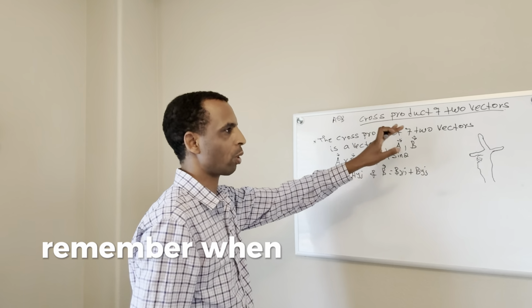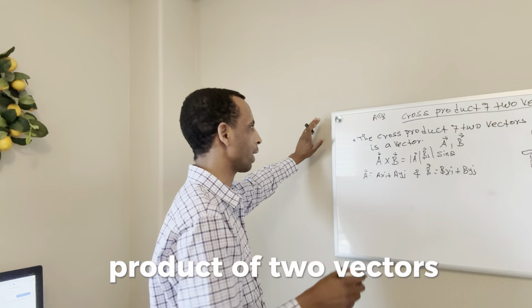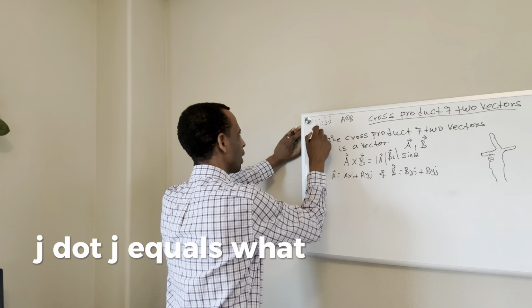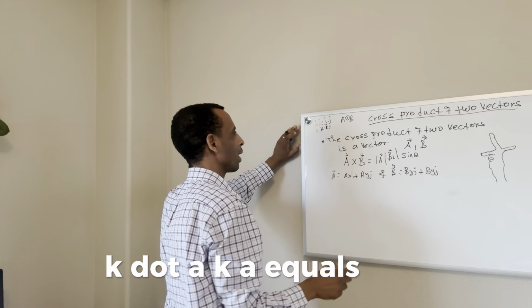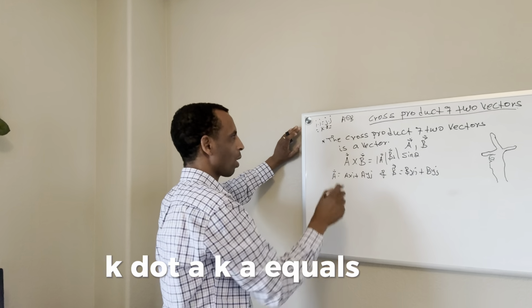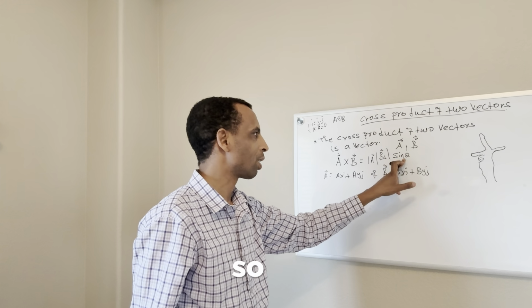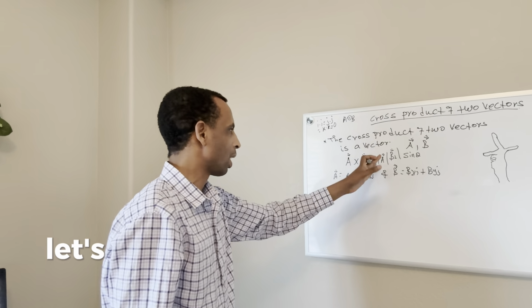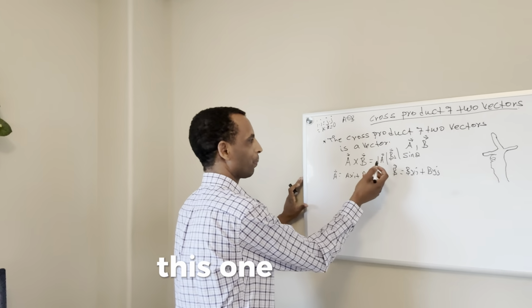Remember, when we talked about the dot product, i dot i equals j dot j equals k dot k equals 1. Here, it's sine, so let's apply the definition.